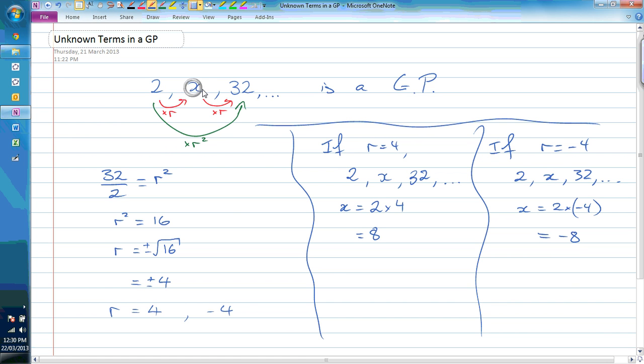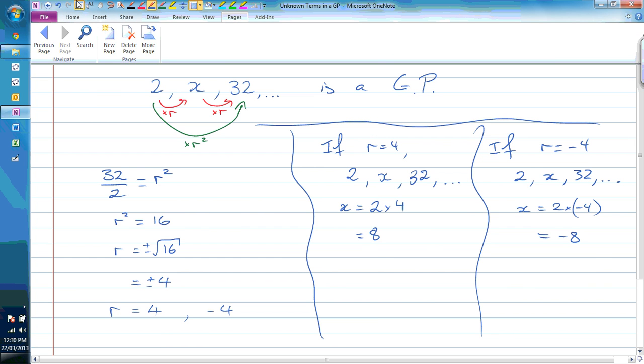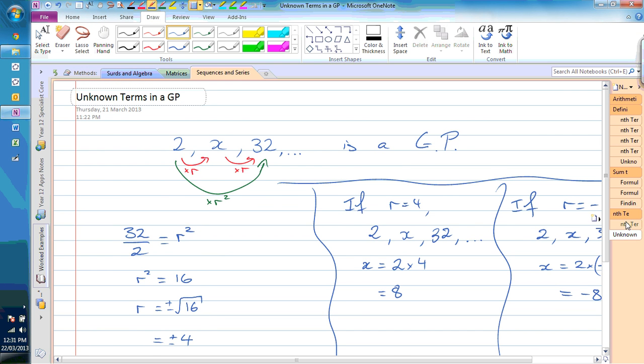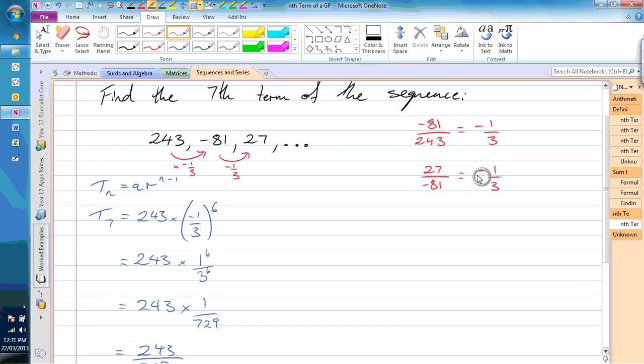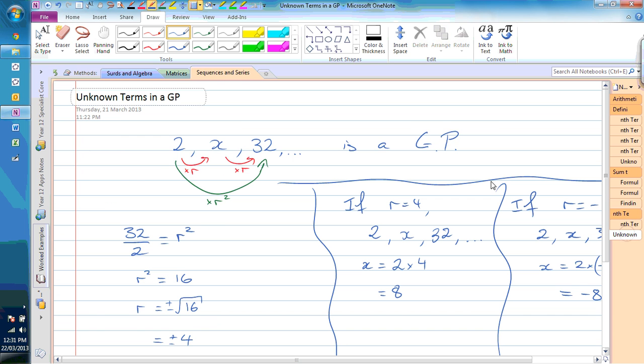And the reason that there's two possible values is from what we saw on our previous question. In our previous question, we saw that when you've got a negative common ratio, the terms tend to oscillate like this. They go positive, negative, positive, negative. Same deal here.